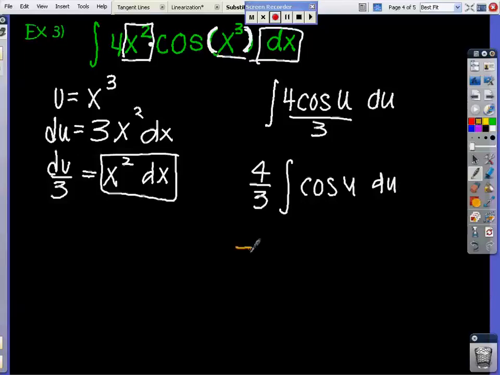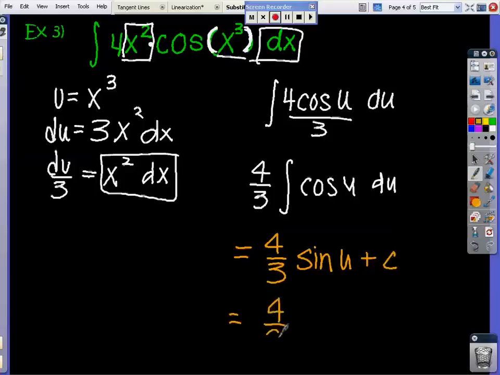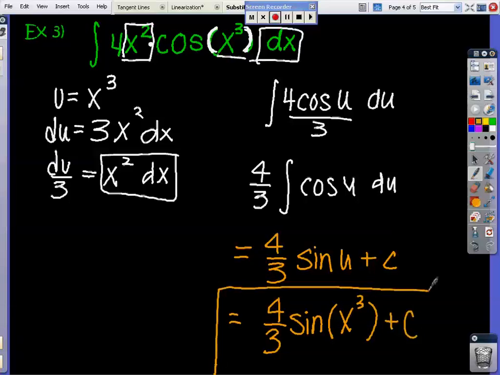And so what I end up with is 4/3 sine of u plus c. Therefore, the answer to this problem would be 4/3 sine of u, which is x cubed, plus c. So hopefully that was another good example.